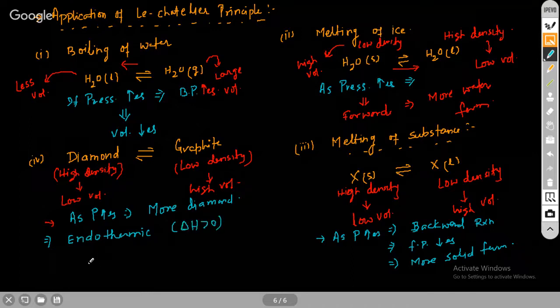Now in an endothermic process, as temperature increases, what will be the K value?